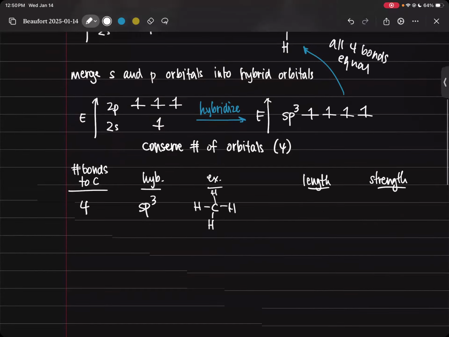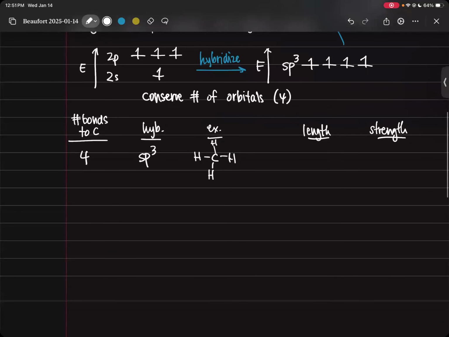We'll get to length and strength in just a second. If we have something like this, both of the carbons are identical to each other. But if we have something like this where the carbon has 3, well, the carbon's still got 4 bonds, but it's only bonding in 3 different places.